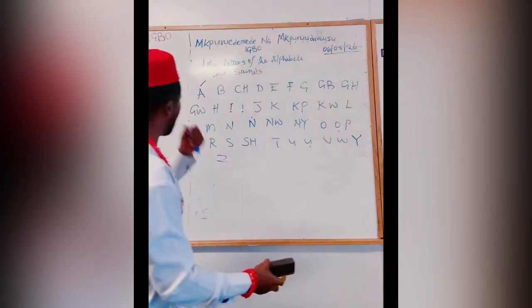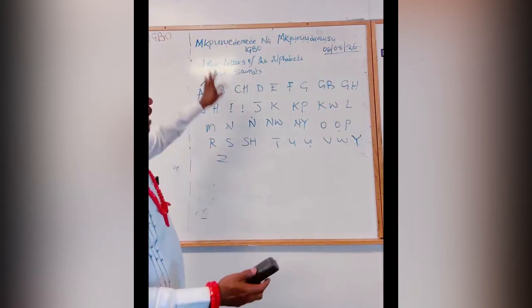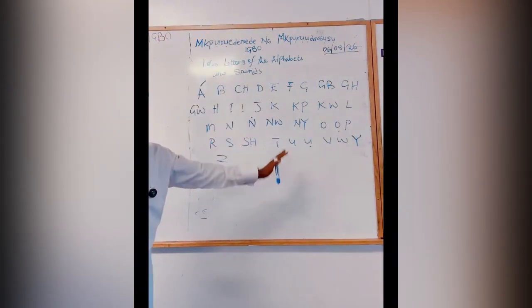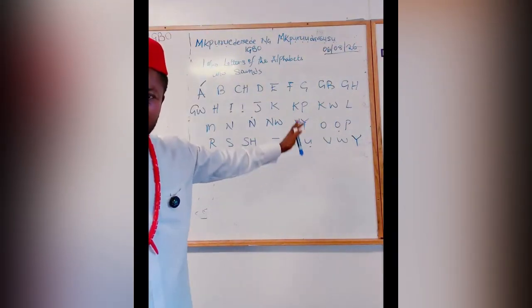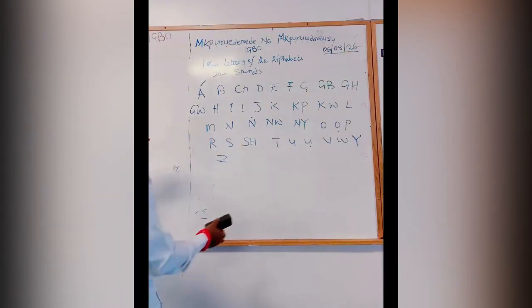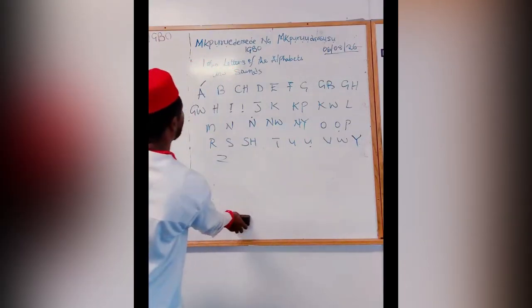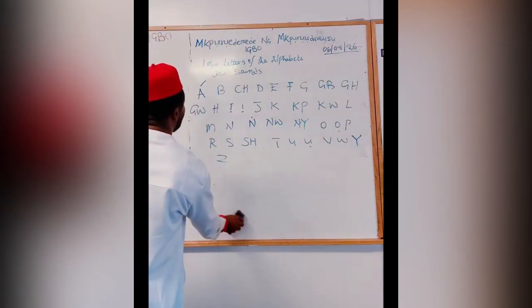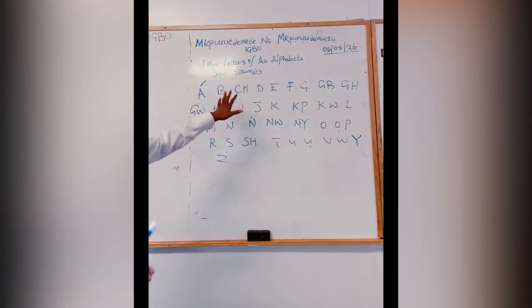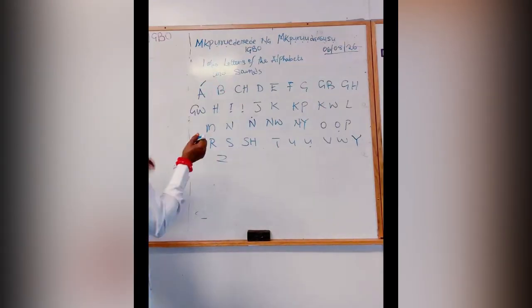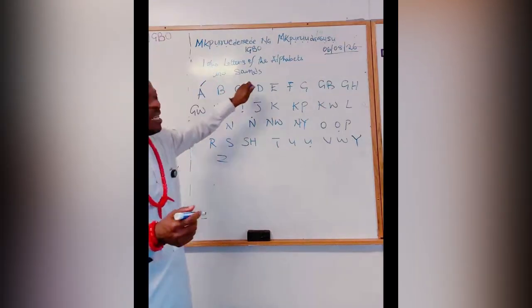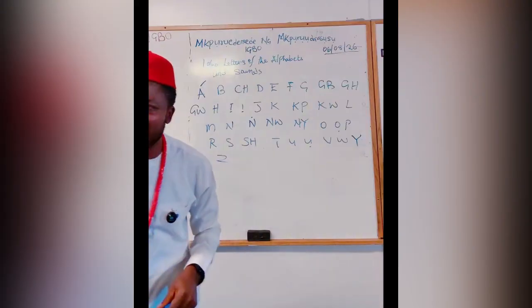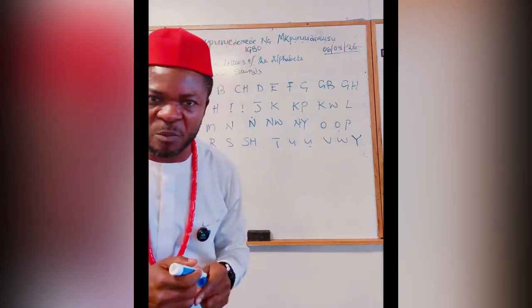All right. So we are going to, my problem is that I don't want to clean up this. So maybe we are going to rewrite them. Number one, okay, I'll be working on this. Mkpụrụ edemede ndị gbara otu. Those letters that are one, we know them, we are seeing them.